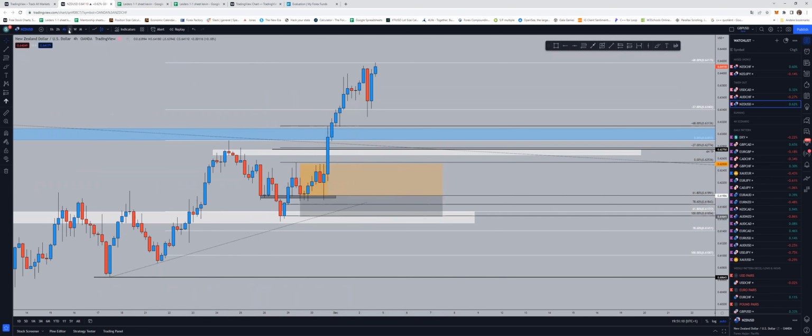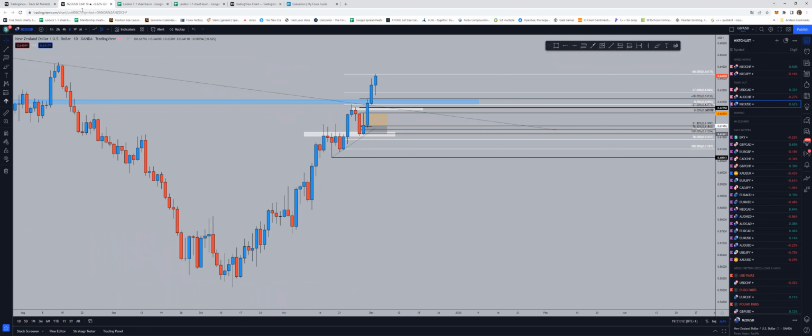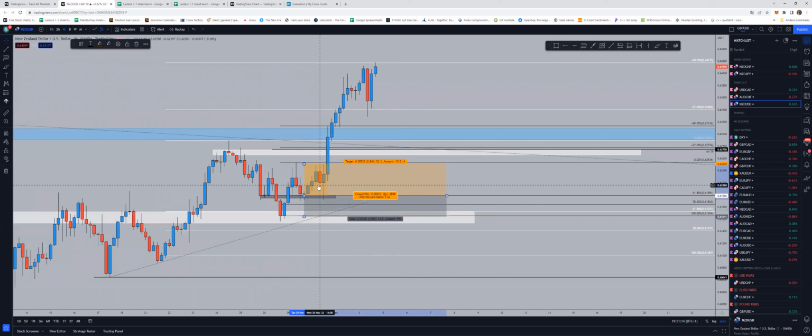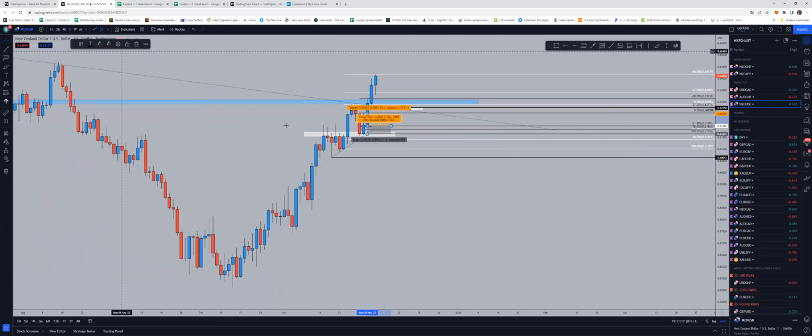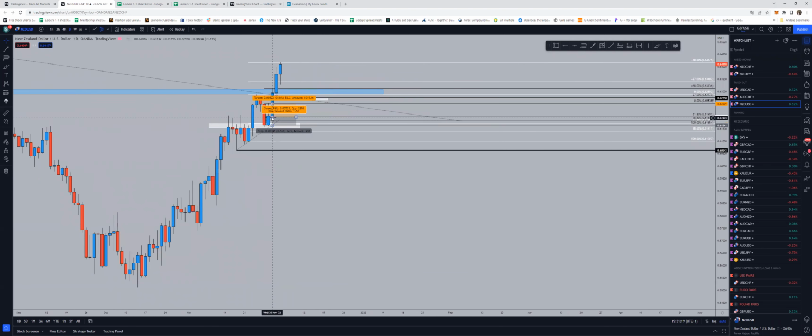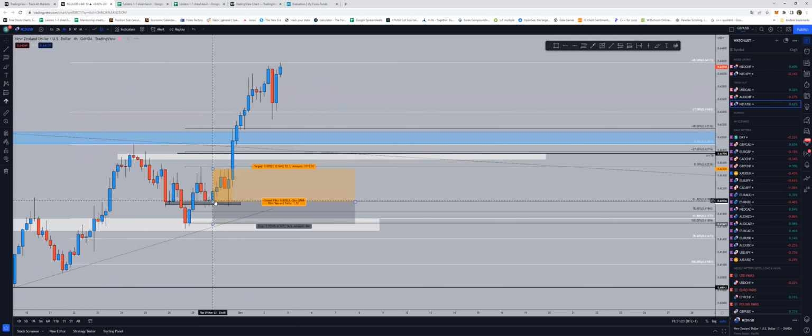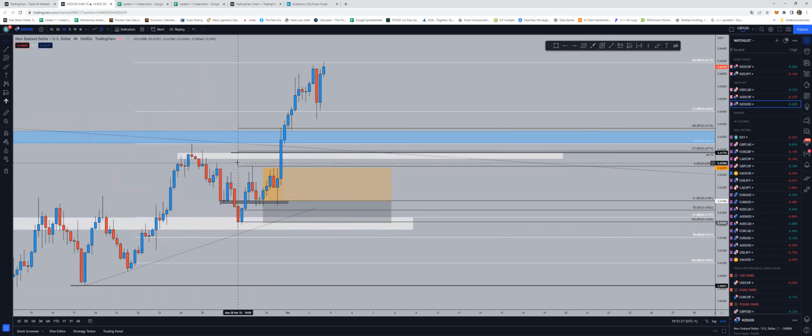So you can look, if I go to the daily, then we are just here. Yes, here was the entry. I was waiting for that daily bullish candle close, and then I entered the trade here like this. And then we went till 1.5%, and then we went straight back to my break-even point.